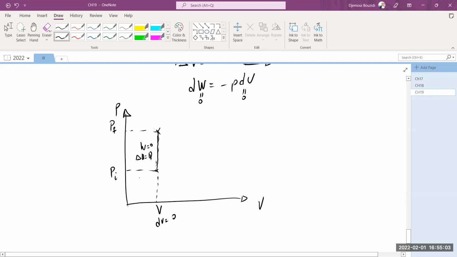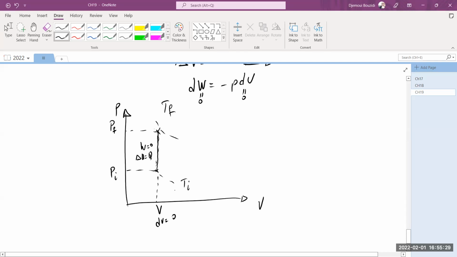So shooting straight up like this is going to be an isochoric process or an isovolumetric process, namely there is no work involved. Now, a word of caution about this process. If indeed the final pressure is higher than the initial pressure, that means the final temperature, Tf, is higher than the initial temperature, Ti. That means the energy went up.